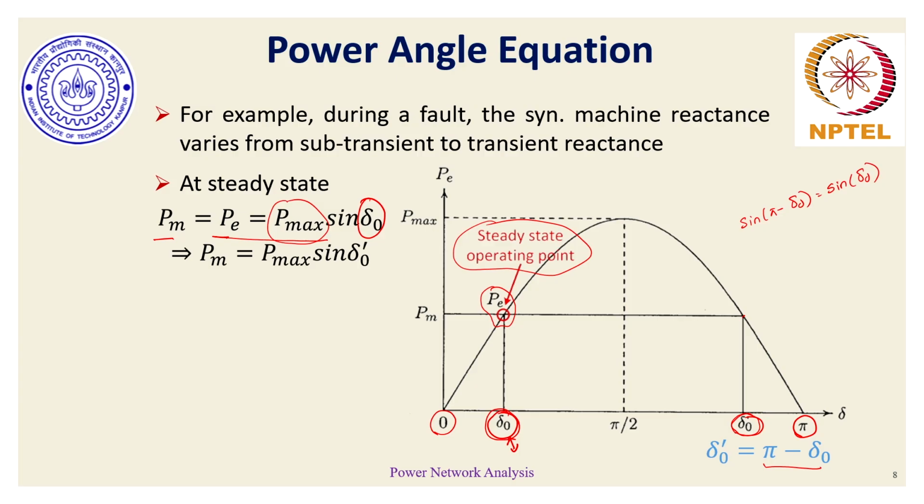The answer to that will be discussed in the next lecture at length, and there are well proven mathematical conditions which inhibit delta naught dash from being a steady state operating point.